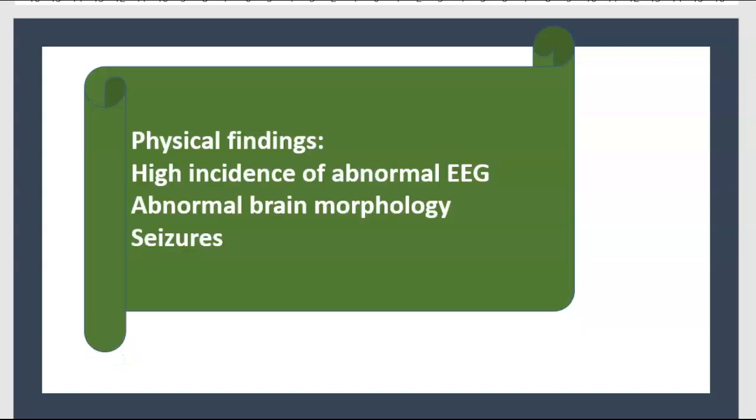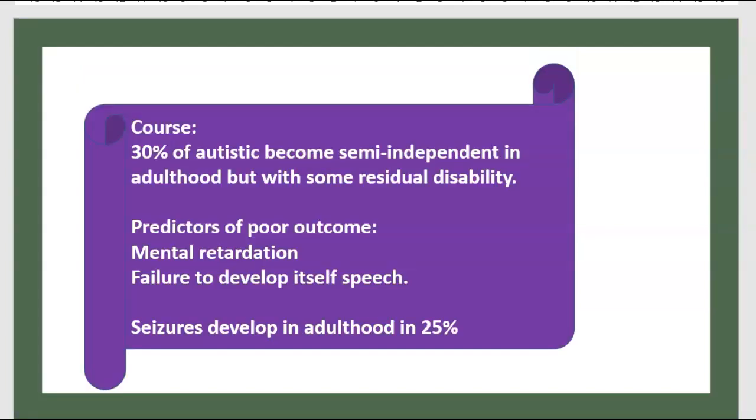Physical findings include a high incidence of abnormal electroencephalogram, abnormal brain morphology, and seizure. Of course, 30% of autistic patients become semi-independent in adulthood, but with some residual disability. Predictors of poor outcome are mental retardation and failure to develop speech.